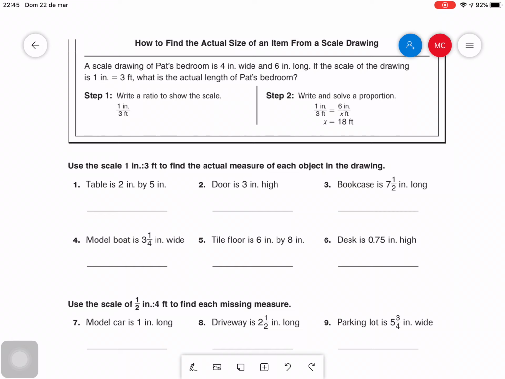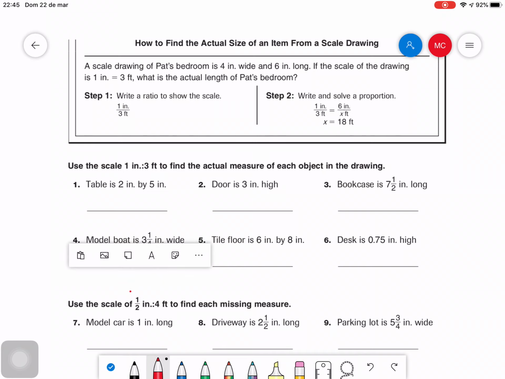The second exercise is the same, but instead of using the other scale, in this one, 1/2, remember 1/2 is 0.5. So 0.5 inches is going to be equal to 4 feet.